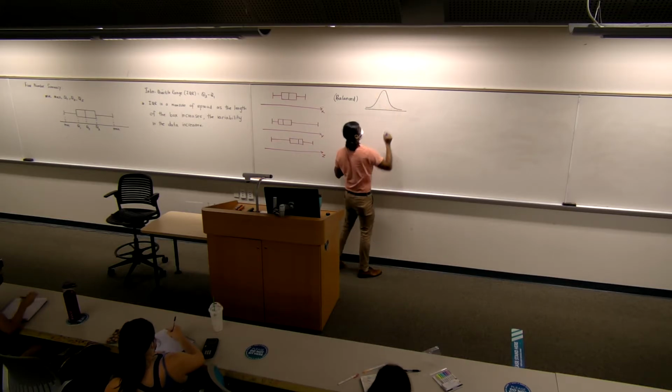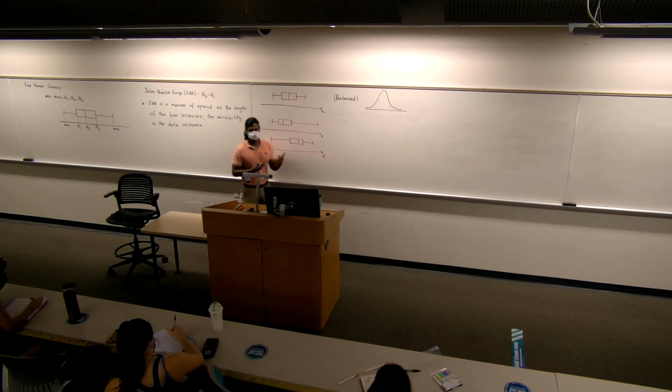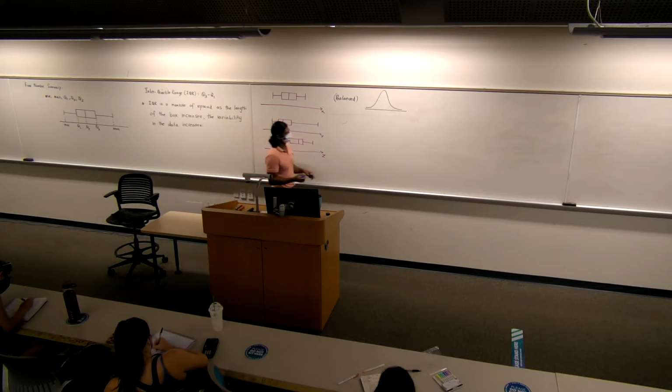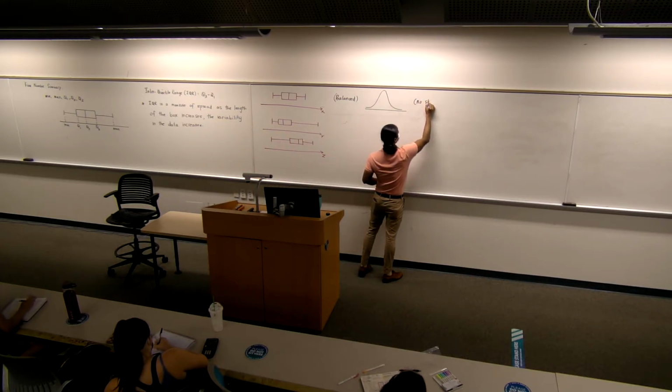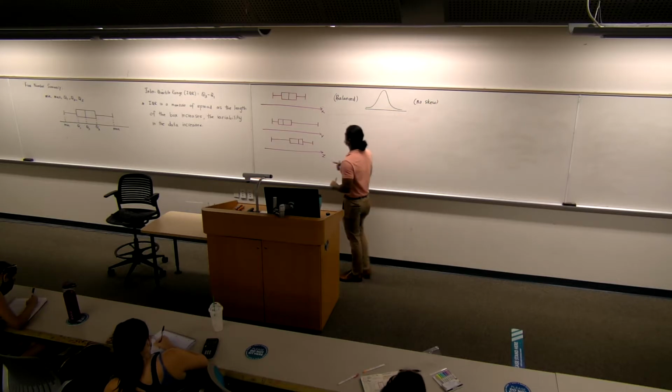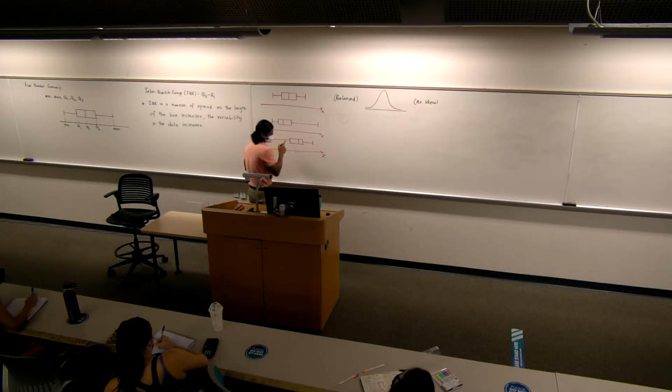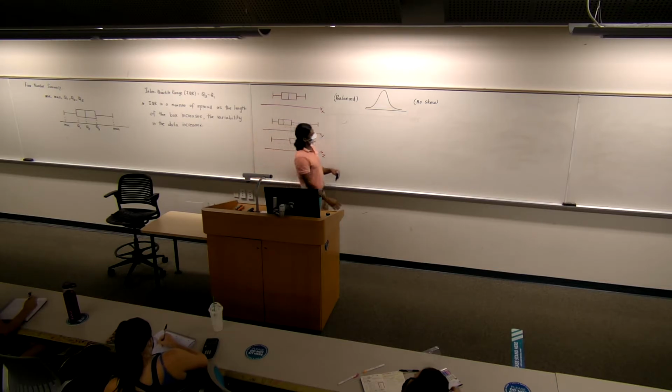It's most likely going to be symmetric, no skew whatsoever. In the second case, the outlier is on the right-hand side, so the data is being pulled a tiny bit on that side. So what should the curve look like?